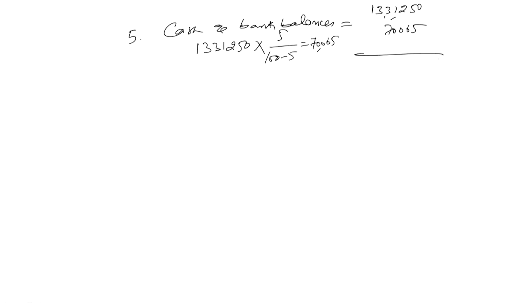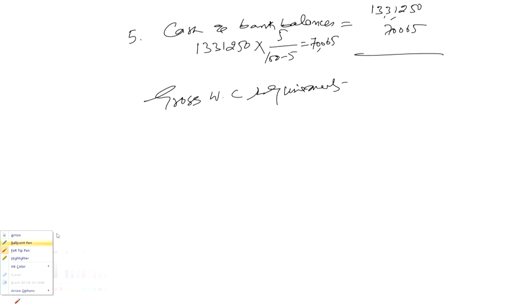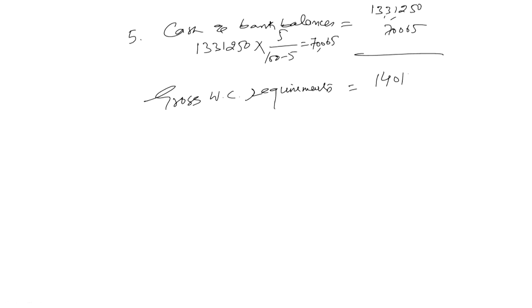If you add 70,065, it means finally your gross working capital requirements will be something like 14 lakhs 1,316. So, this works out as the total amount here.